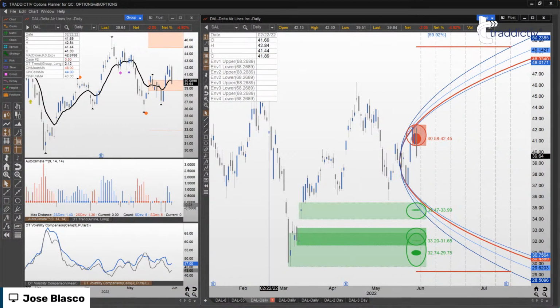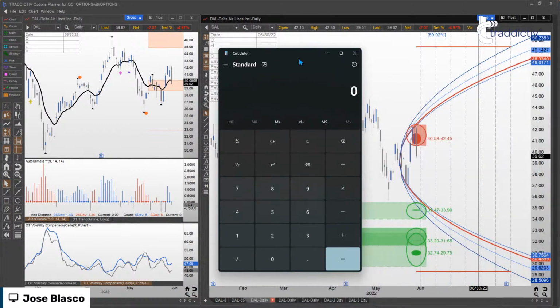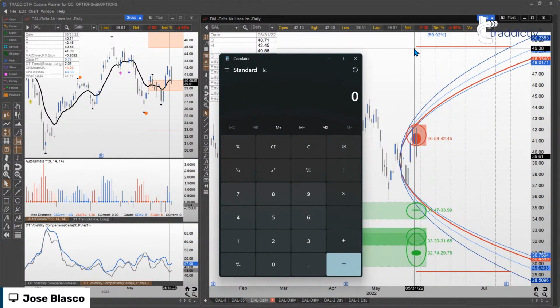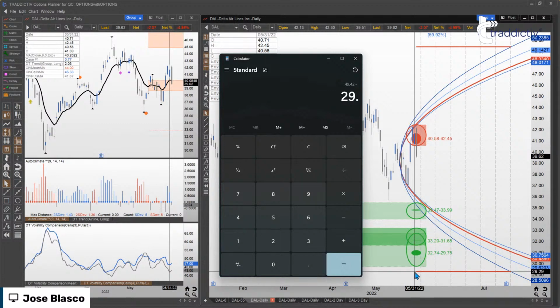So I'm going to bring a calculator. The top part is 49.42. The bottom part is 29.29. So the size of the range is $20.13.